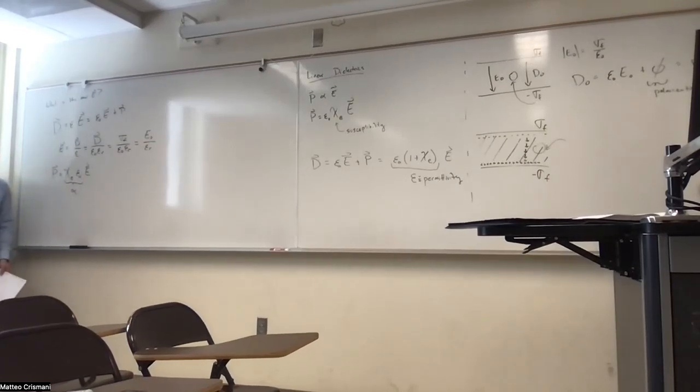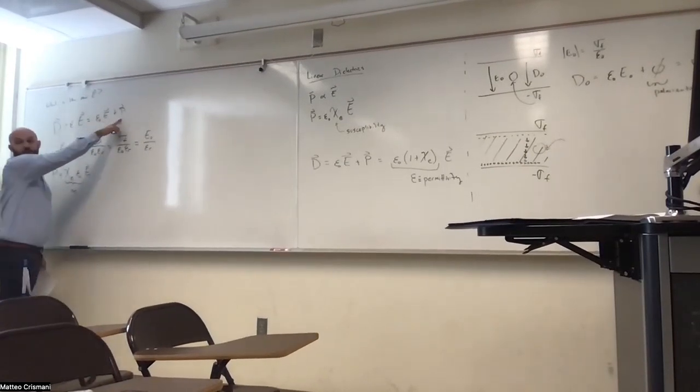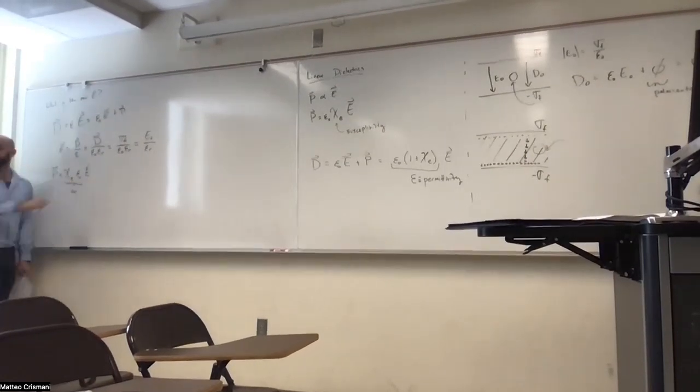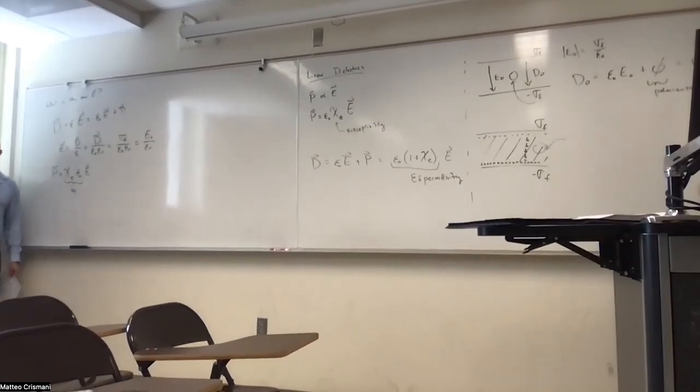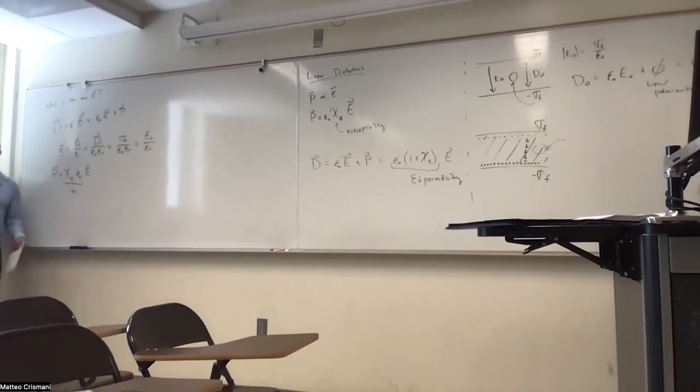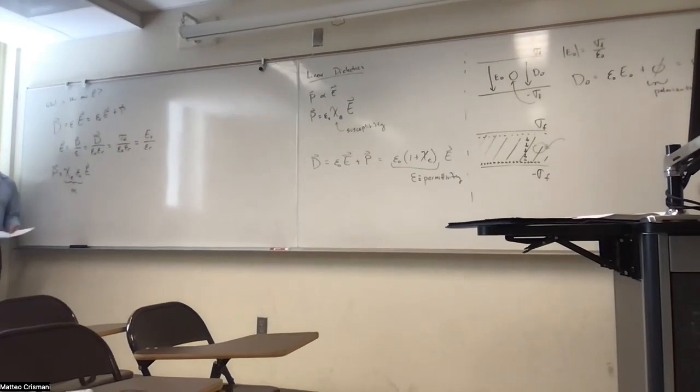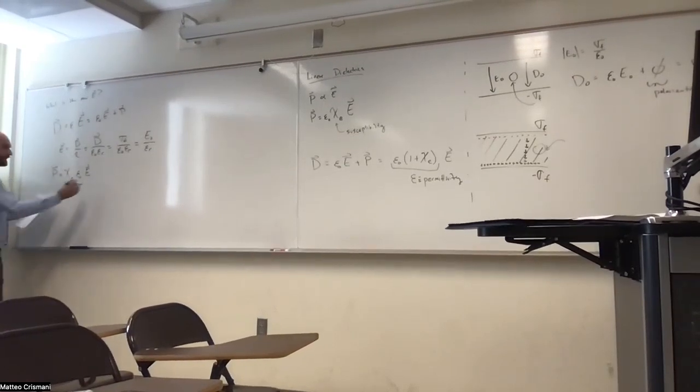See if you can keep up with all the letters, right? All I really care about in the back of my mind, I don't care about the letters. I care about the relationships. Polarization is proportional to the E field and it goes in the same direction. The displacement is proportional to the electric field and it goes in the same direction. We already knew that it would go in the same direction as the polarization because the polarization is tied to the E field. They're all tied to one another. There are three different ways of looking at the same phenomenon, right?